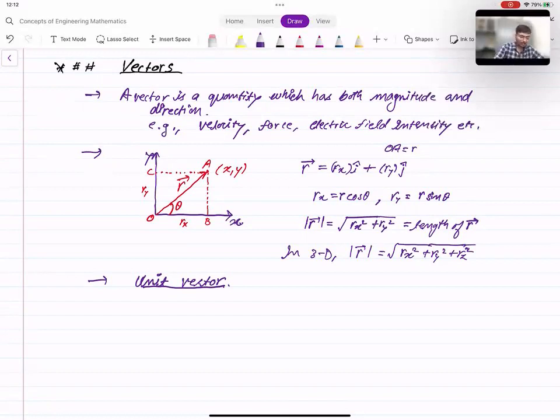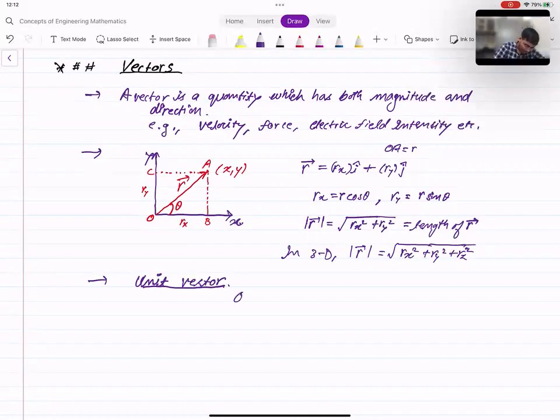To find that, we divide the vector by its magnitude. That cancels out the magnitude part and only direction remains. And this unit vector is represented by a cap symbol. So in place of the arrow, we put a cap now.